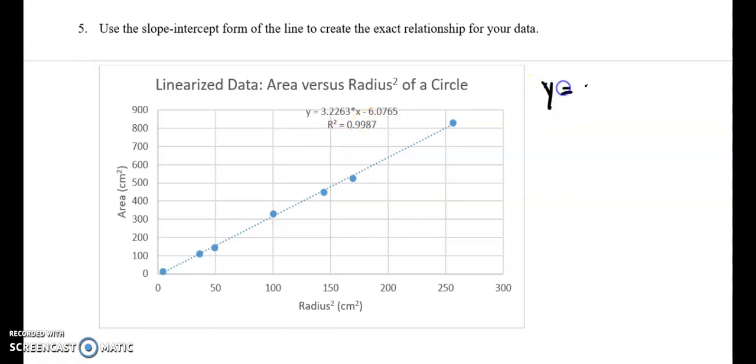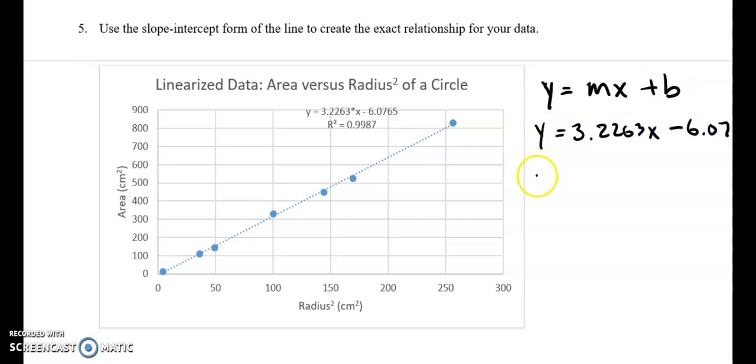We know y equals mx plus b. In this case, that relationship was y equals 3.263x minus 6.07. The y variable is the area, and the x variable is radius squared, minus whatever our y-intercept was.